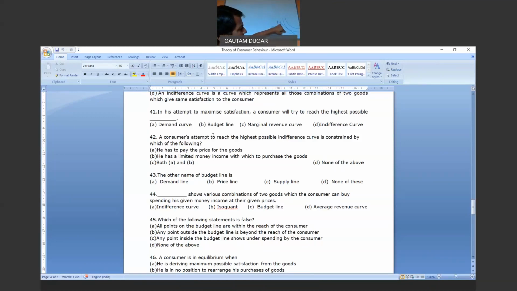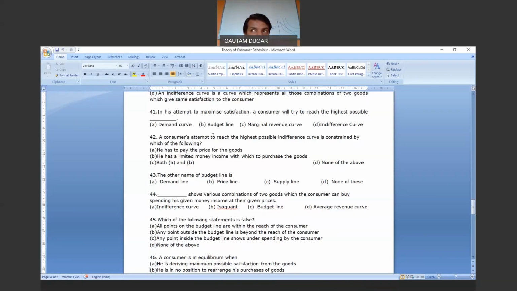I suppose this is IC1, this is IC2, this is IC3. The three indifference curves, out of which IC3 is beyond the reach of the consumer's pocket. The consumer's pocket will not allow this combination to be purchased, to be consumed, because it is outside the budget.